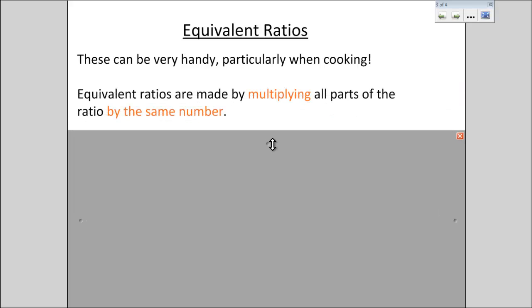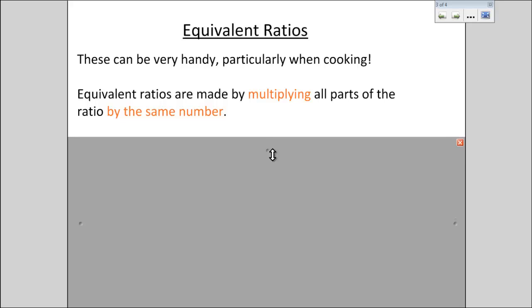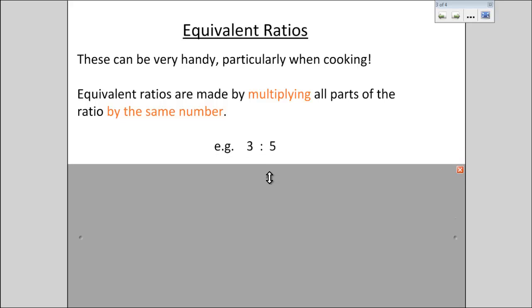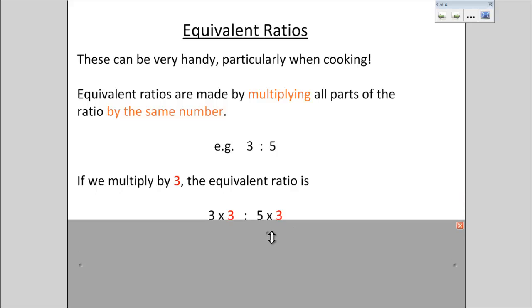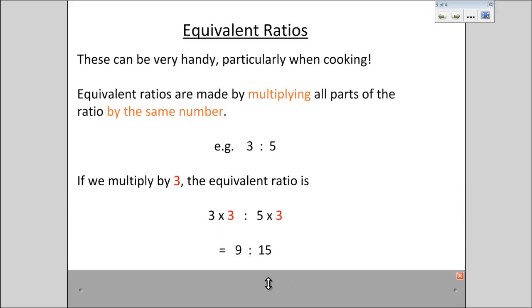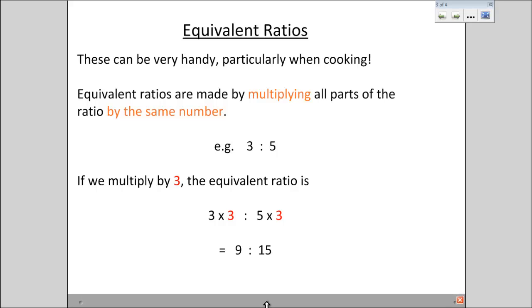Equivalent ratios are made by multiplying all parts of the ratio by the same number. Let's look at an example of 3 to 5, 3 parts to 5 parts. If we multiply both parts of the ratio by 3, the equivalent ratio would be 9 to 15. Pretty straightforward so far.